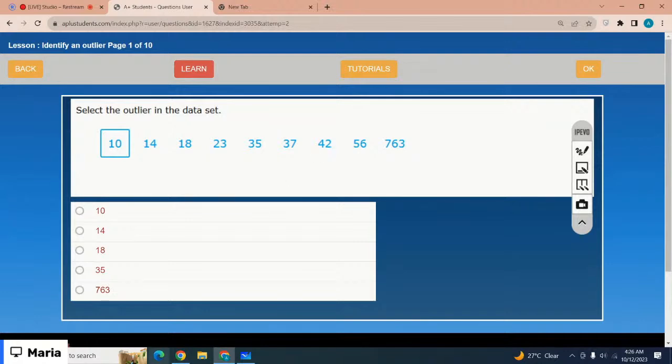The correct option is 763, right? That is the extreme value. You can see all the other values are two-digit numbers. Only 763 is a three-digit number, and that is in the 700s. The other values are less than 100. So that is an extreme value, that is 763. Very good.